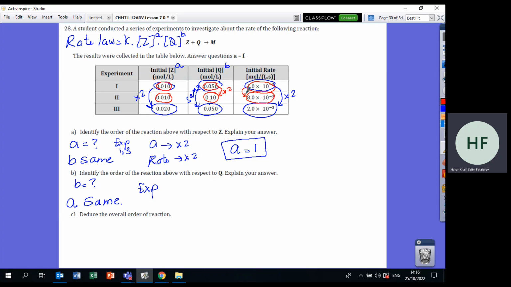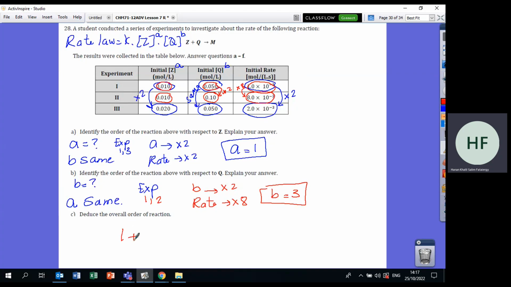Here it went from 1 to 8, this is times 8. So B is multiplied by 2 and the rate is multiplied by 8. 2 power what gives you 8? So B is equal to 3. 2 power 3 is equal to 8.